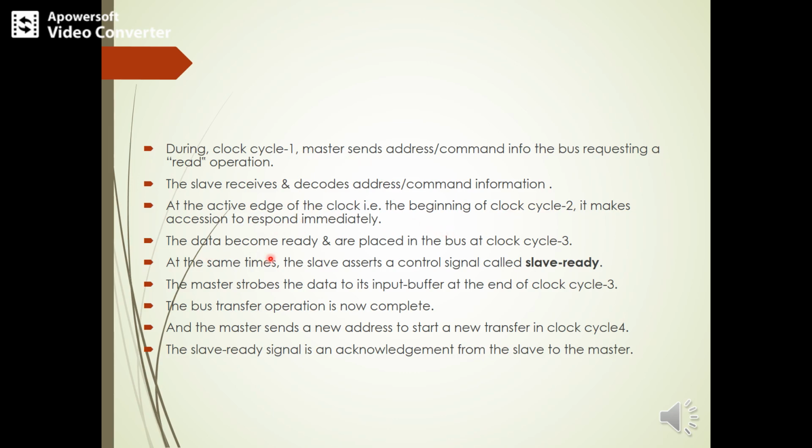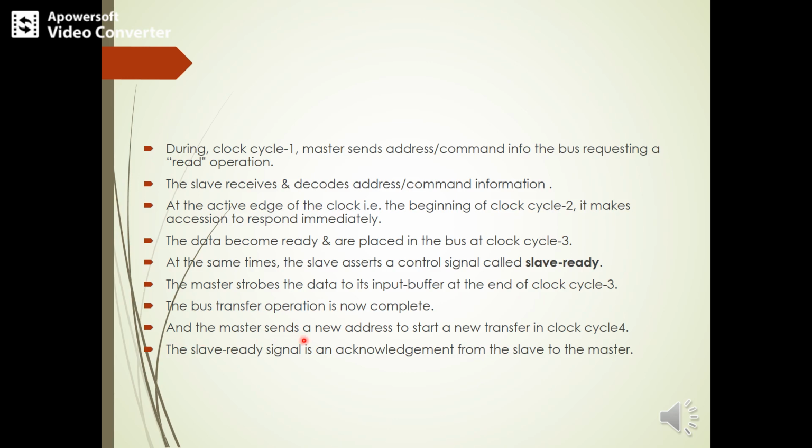The data becomes ready and it places the data on the bus at clock cycle 3. At the same time the slave asserts a control signal called slave ready. The master strobes the data into its input buffer at the end of clock cycle 3, and the bus transfer operation is now completed.